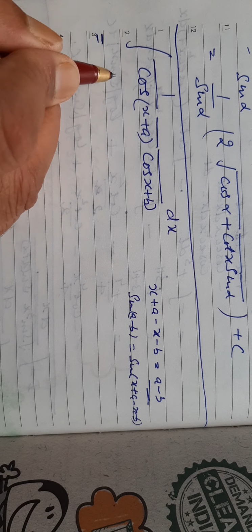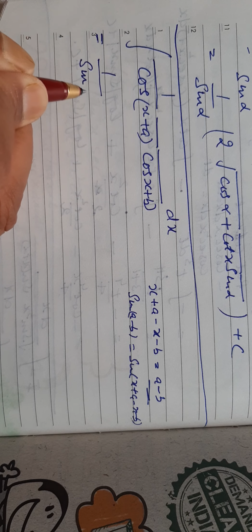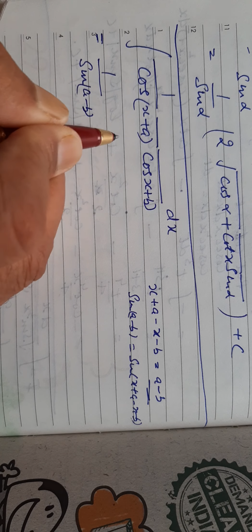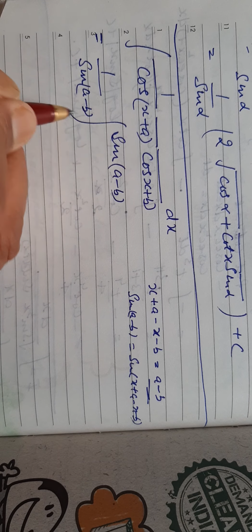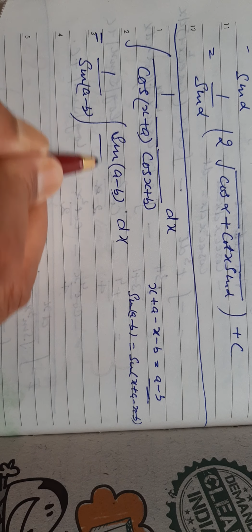Here we are multiplying and dividing by sin a minus b, and this is a constant term, that's why we are multiplying and dividing here.